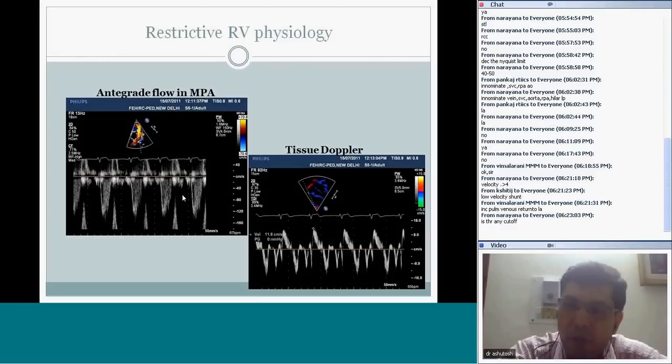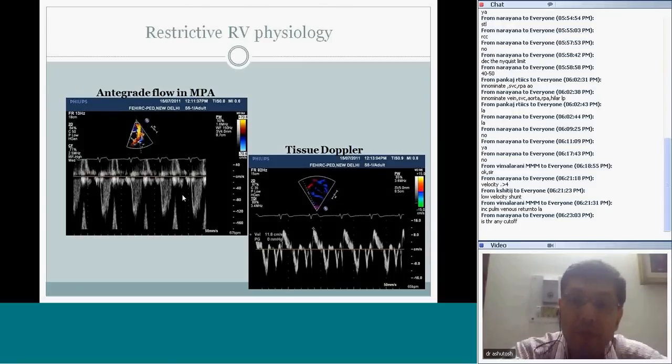Restrictive RV physiology, I would say, is better because it restricts the PR. Because the RV is a little restrictive, it reduces the pulmonary regurgitation, the impact of pulmonary incompetence. In the initial post-op period, a restrictive RV physiology usually is associated with what we call a low cardiac output state.